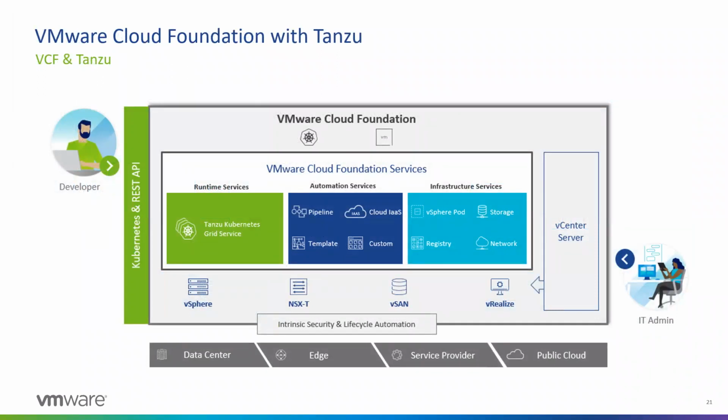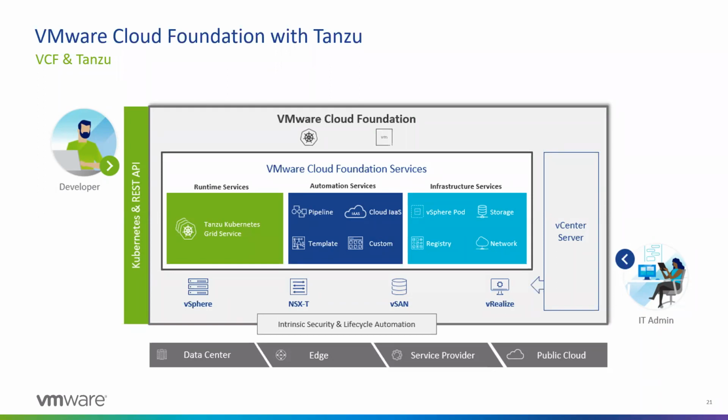Something that I also wanted to mention here is that we can leverage VCF Tanzu. VCF Tanzu, for those of you who didn't hear that buzzword yet, it's our way to run Kubernetes natively in a vSphere environment. There are a couple of ways we can do that.